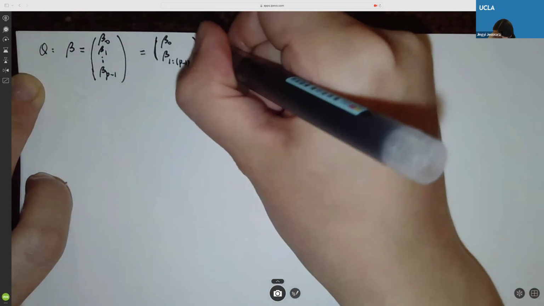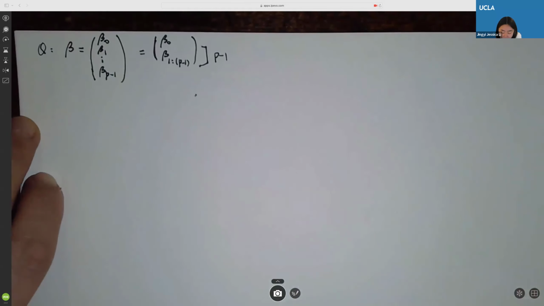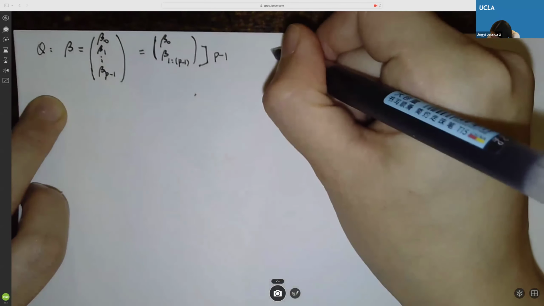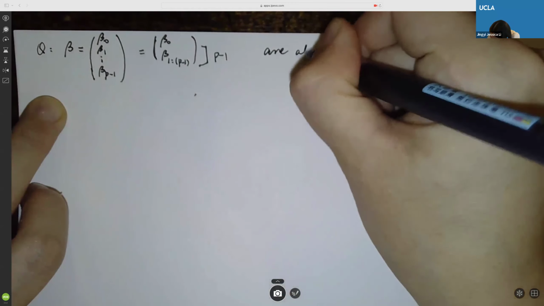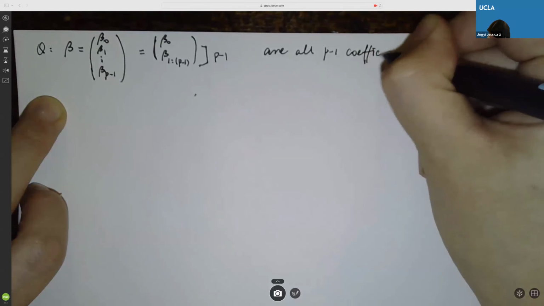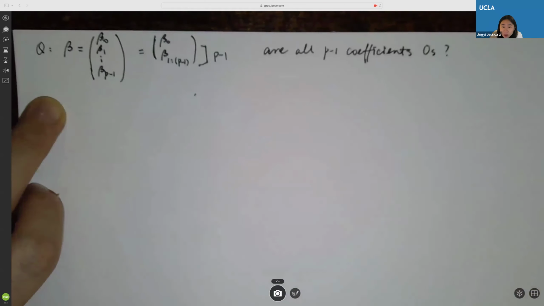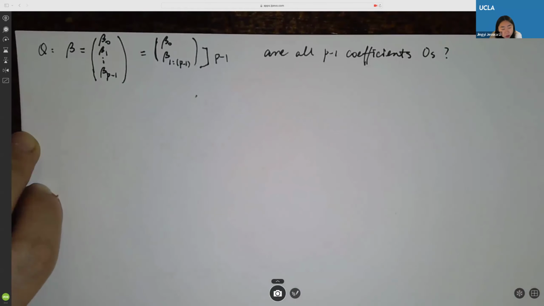Then this part, the coefficients, is p minus 1 dimensional. So the question I'm interested in is: are all p minus 1 coefficients zeros? If this is my question, then there are two ways to formulate this into a testing problem.